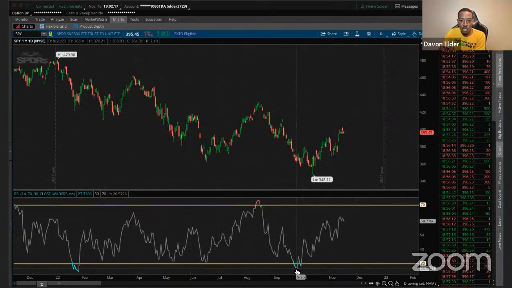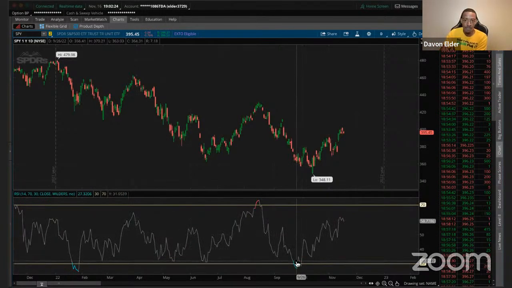We had oversold levels in September, which makes sense because September is historically one of our worst months in the market, right? Came down, came low, had a big low down here on October 12th, which represented that bad CPI reading. And we've been trending higher.